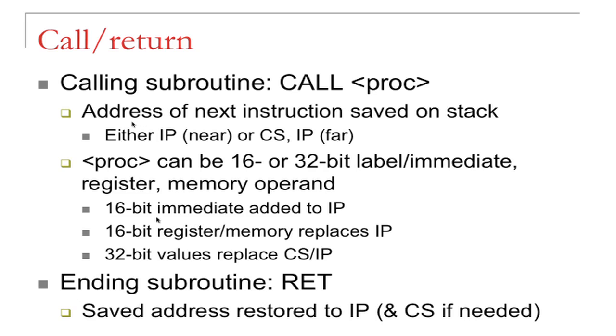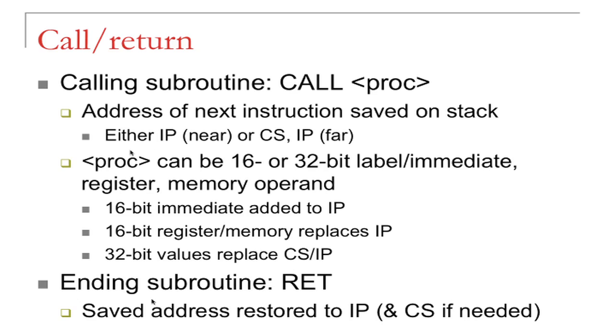If it is 16-bit, we'll use that as the new value in the instruction pointer, so the microprocessor will fetch that instruction from the address indicated in IP. If it is a 32-bit value, that value will replace both CS and IP.